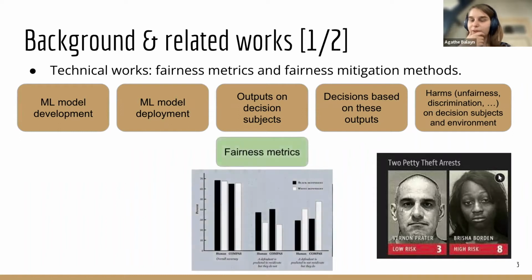The first main category is to develop fairness metrics. These metrics are typically measured on the outputs of the deployed model, and not necessarily on the actual decisions that were taken later on. On the graph, you can see different examples of metrics already.